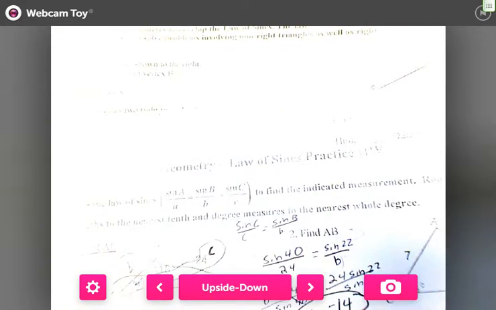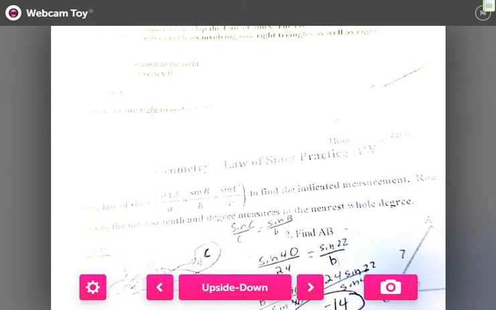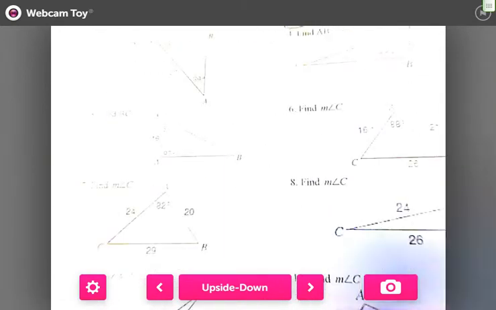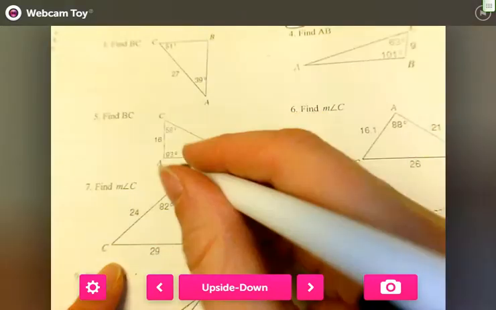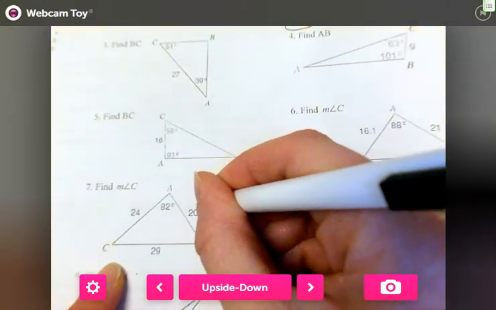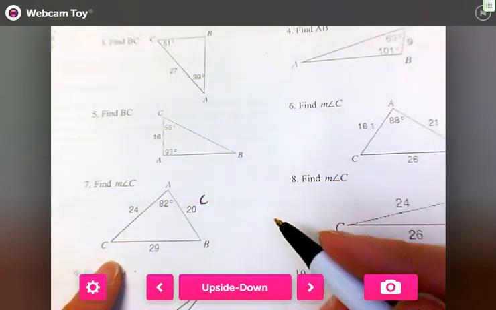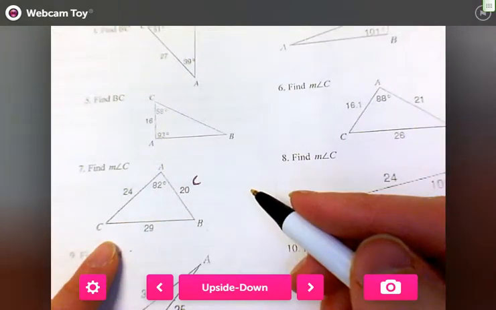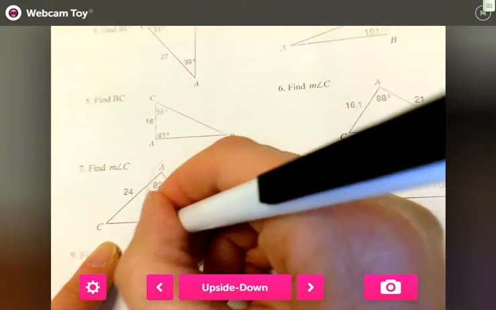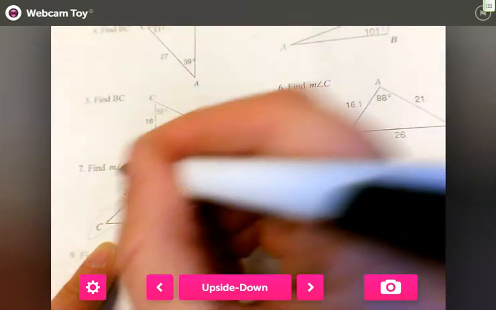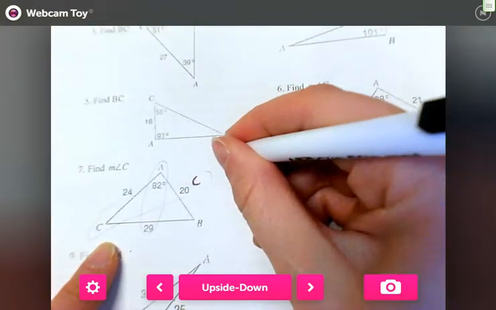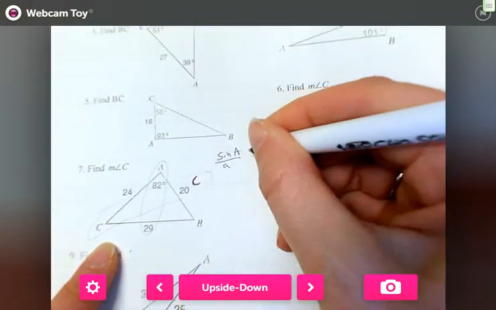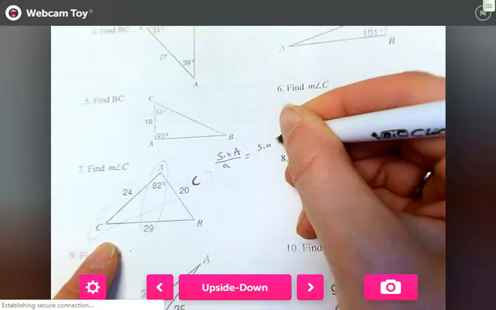Now I have to figure out if I'm going to use A or B for the other one. So I've got C right here. I know this is little c. Which other angle do I have, guys? A. So I'm going to have to use A and C. So I'm going to go sine of A over little a equals sine of C over little c.